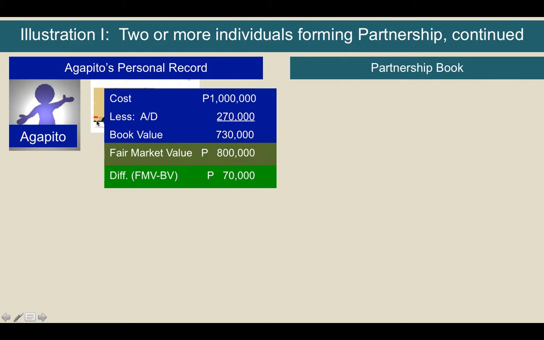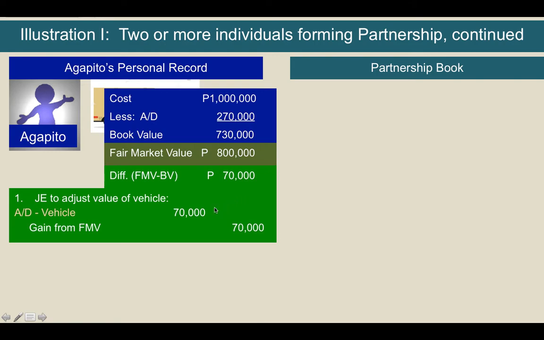Of course, Agapito would like to have his vehicle valued at a higher amount. So Agapito would insist to the other partners that his investment be valued at 800,000. What Agapito could do is an adjusting entry to reflect the 800,000.